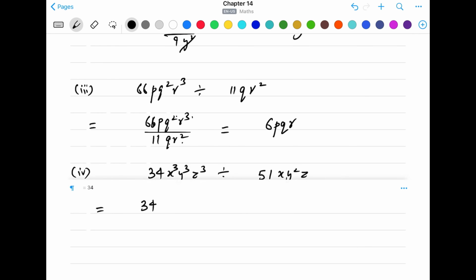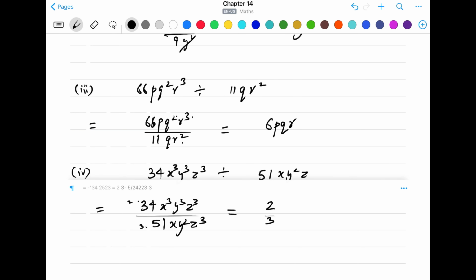We have 34 x cube y cube z cube divided by 51 x y square z cube. Now this 34 and 51 both are divisible by 17. 17 twos are 34 and 17 threes are 51, so we'll get 2 by 3.